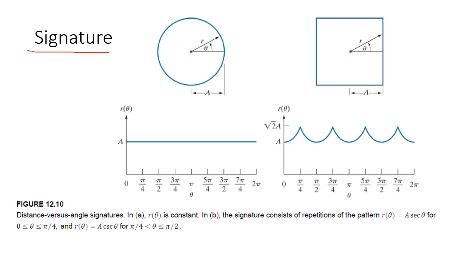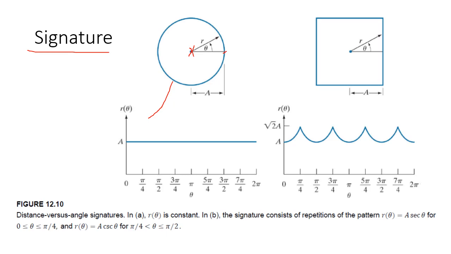For the first object, which is a circle, the center is there and the boundary is a circle. So the distance from the center to the boundary is always the same regardless of the angle.